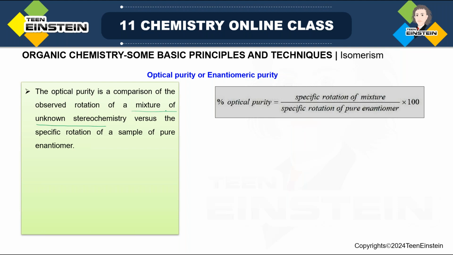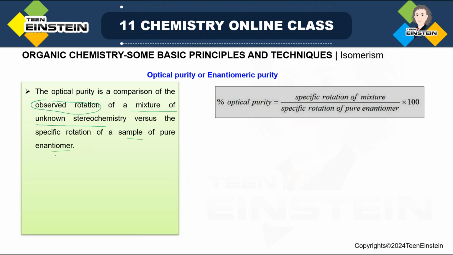You know nothing about it. It is simply a mixture with some unknown stereochemistry. So when you have this type of sample and you are observing its rotation, that is compared versus the specific rotation of a sample of pure enantiomer.